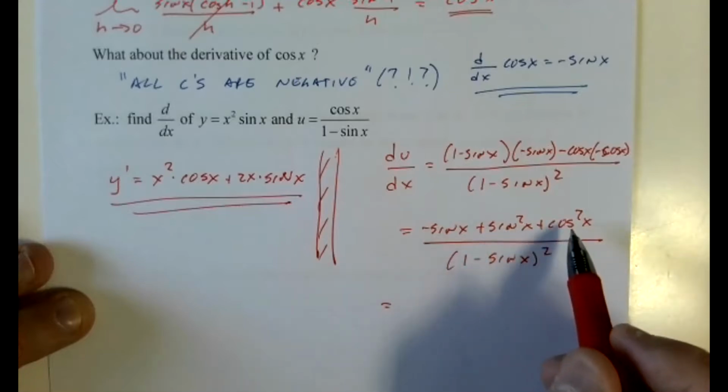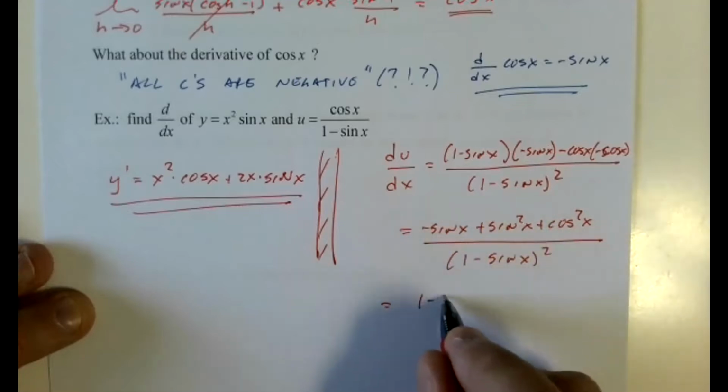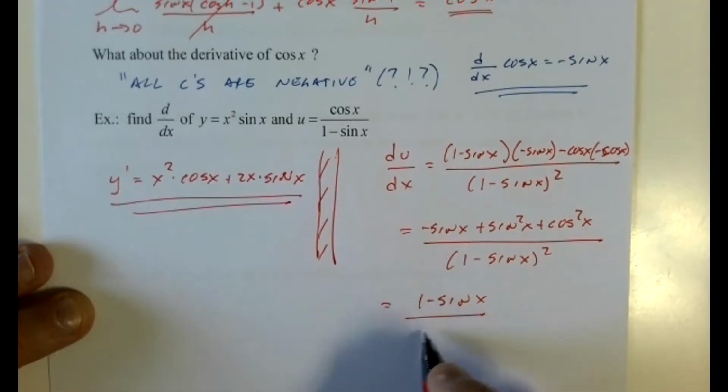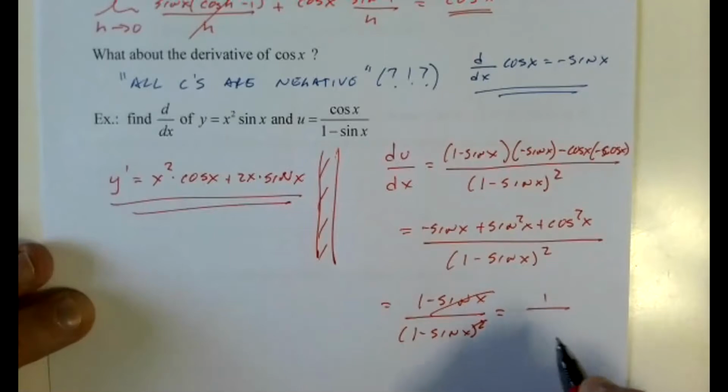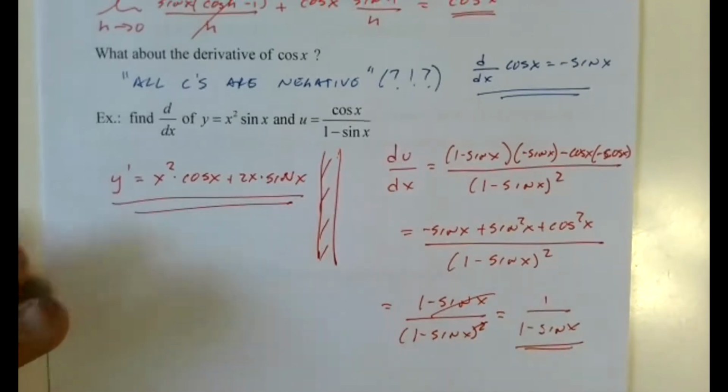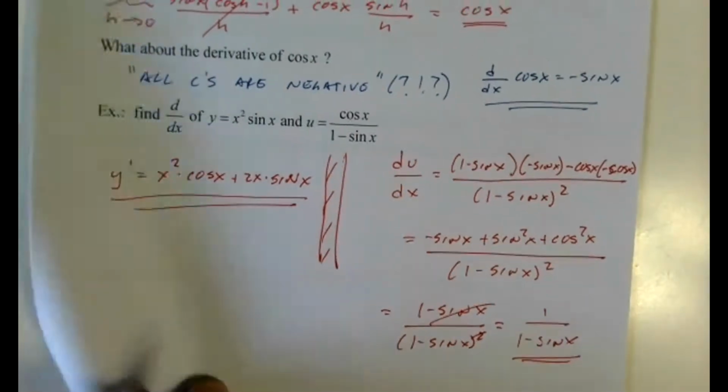Sine squared plus cosine squared is 1, minus sine of x. And this is the kind of math you would be expected to do on an AP exam. Fair amount going on there, but not the end of the world.